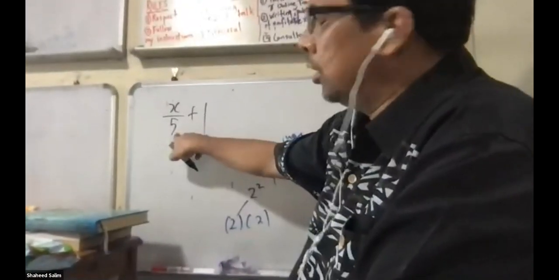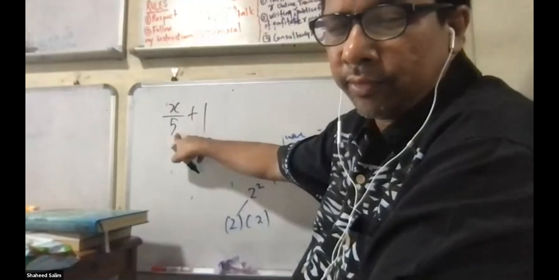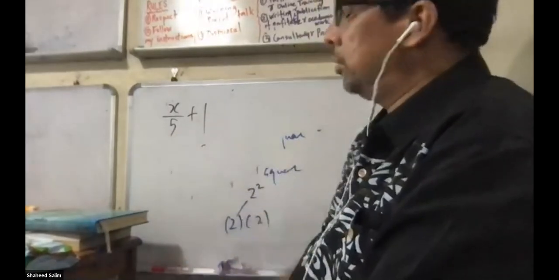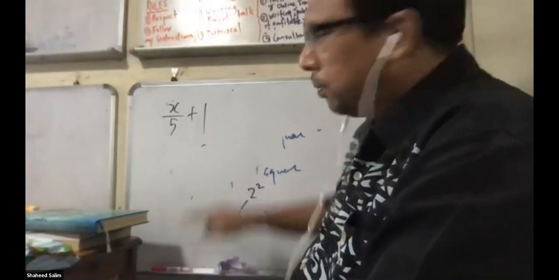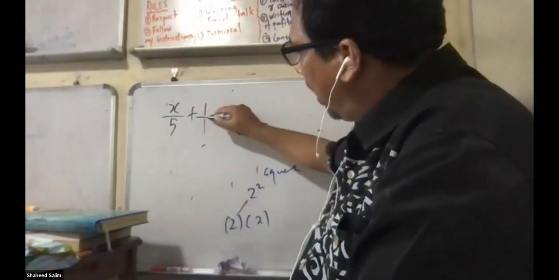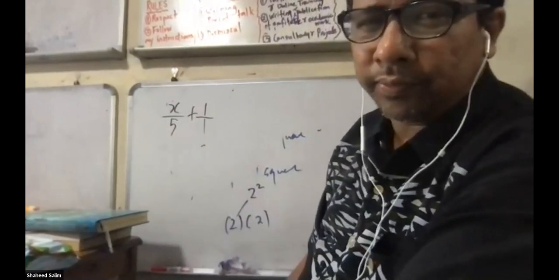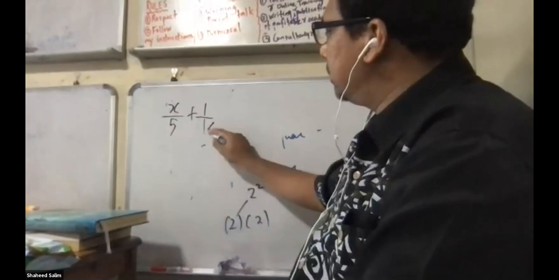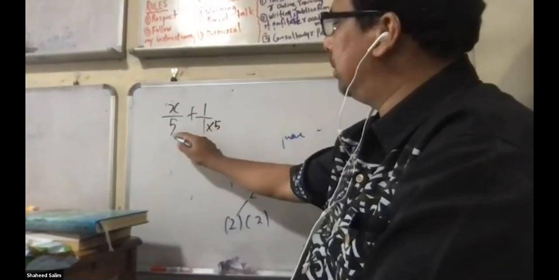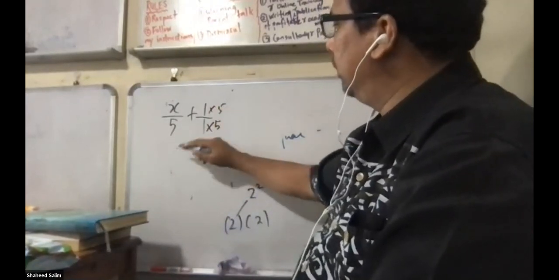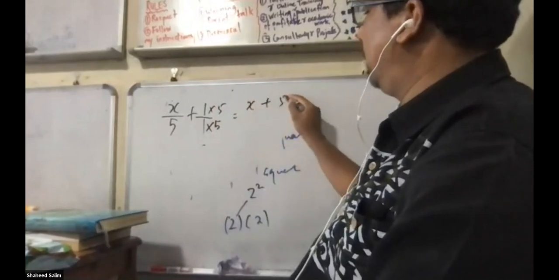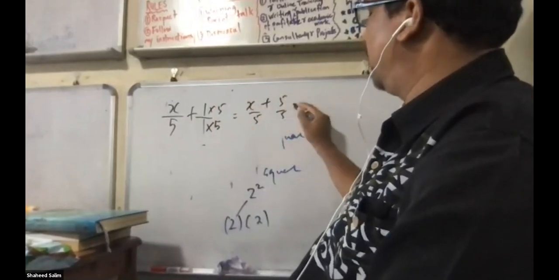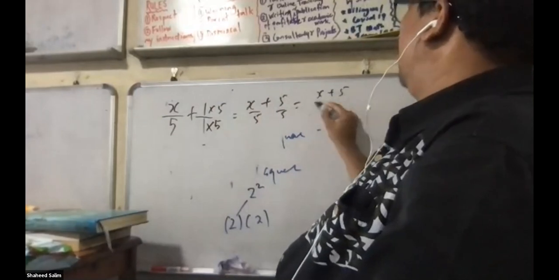This here has a denominator of 5, right? Down here, does it have a denominator? But you can make it have a denominator of 1 actually. 1 divided by 1 is still 1. So I can times this by 5 to make it the same. I times this by 5. So I get x plus 5 over 5 over 5. This is the same as x plus 5 over 5.